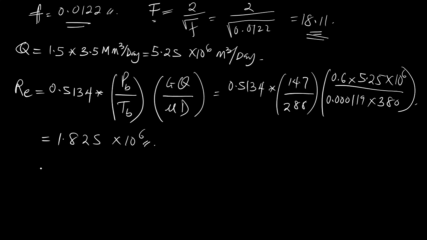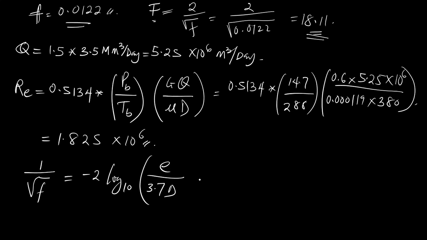So we are going to use the Colebrook equation. The Colebrook equation is 1 over the square root of f is equal to minus 2 log base 10 of bracket open e over 3.7d plus 2.51 divided by Reynolds number times square root of f.